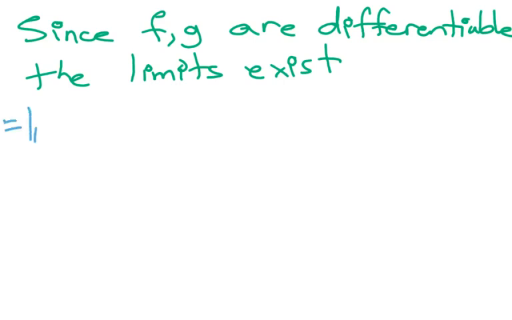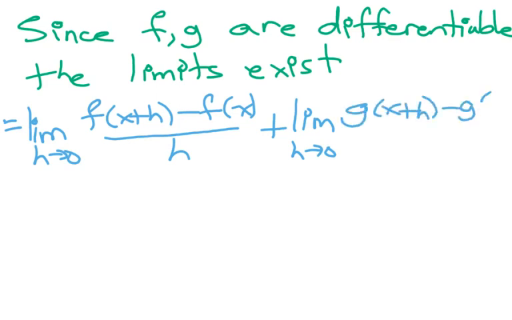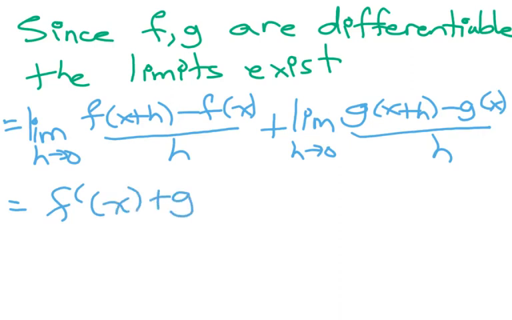So this is equal to the limit as h approaches 0 of f of x plus h minus f of x all over h, plus the limit as h approaches 0 of g of x plus h minus g of x, all divided by h. This relies on the fact that these limits exist because we're using the limit laws that you would have seen in the limit laws video. So that's f prime of x plus g prime of x.